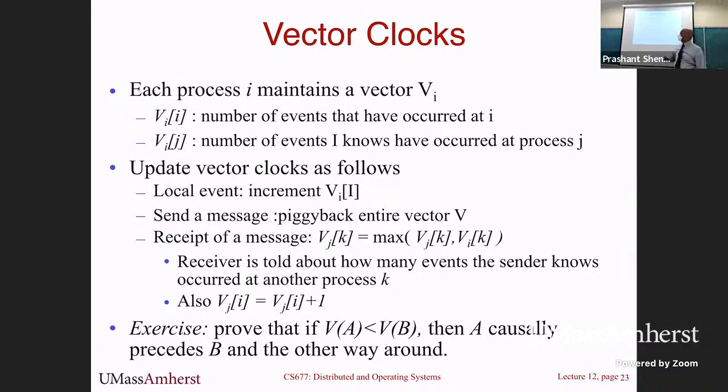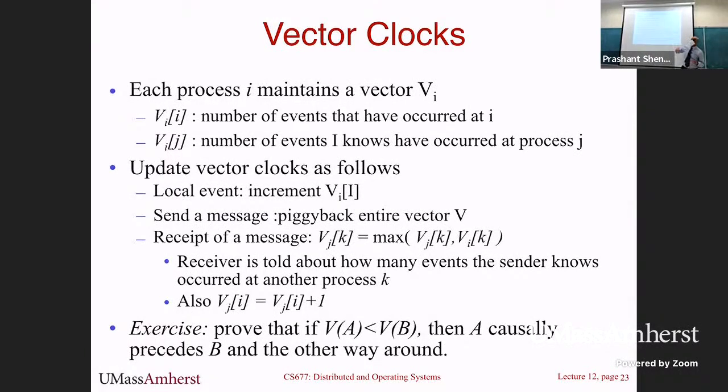Okay. So what does that vector mean? If your process is i, the ith element of that vector is effectively your Lamport's clock. So if you have 3 processes, for P1, the first element of the vector is its logical clock. For P2, the second element is its logical clock, and so on. So you are essentially using the same logical clock algorithm.